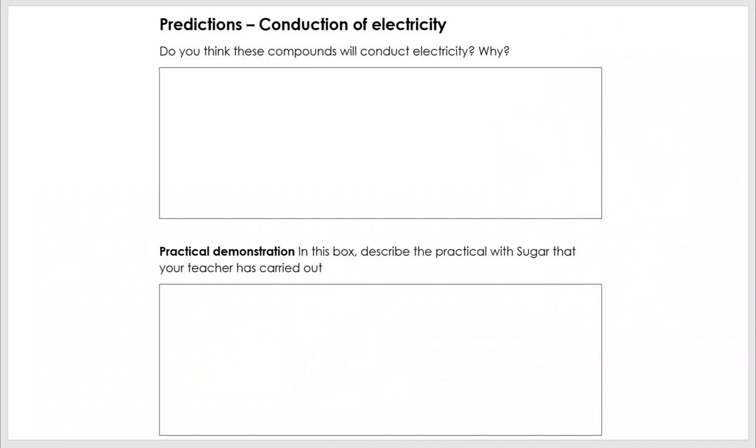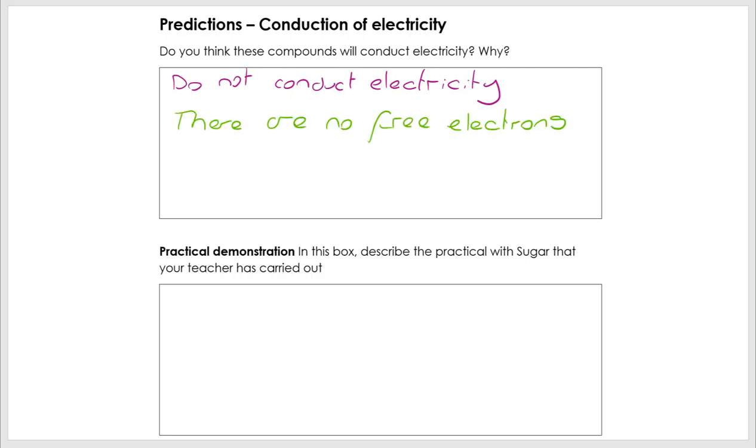So now let's move on and look at conduction of electricity. Does carbon dioxide, does methane, does water conduct electricity? And no, they do not. And the reason for that is that there are no free electrons, and that means that we can't carry charge through the structure.